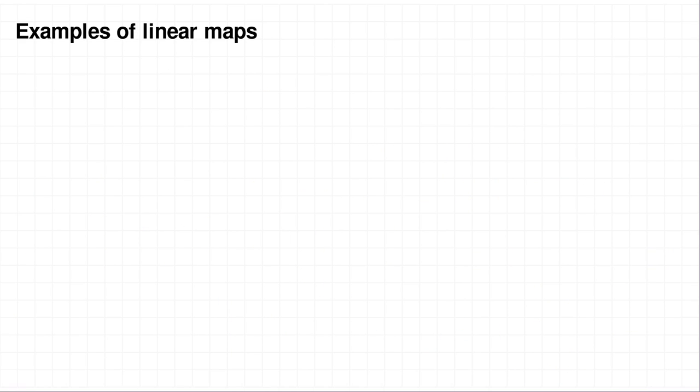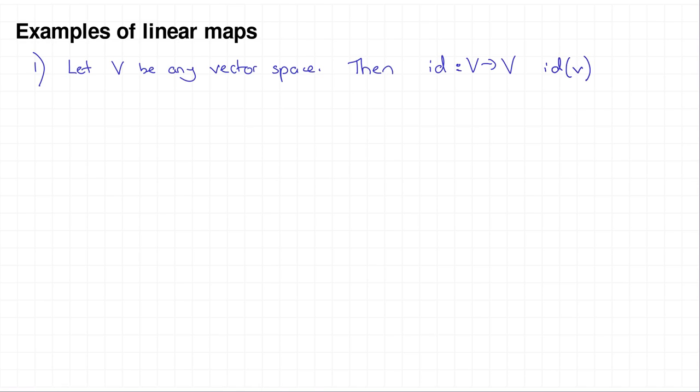Let's look at some more examples of linear maps which are already familiar to you. First of all, we're going to look at two standard linear maps which exist for any vector space V. There is an identity map from V to V, which is just the do-nothing map, so the identity applied to a vector v is just that vector v again.